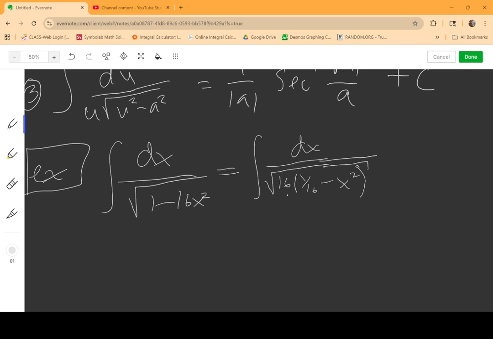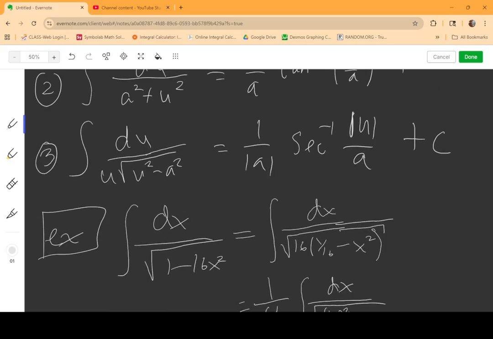I could split up the product, so I get 1 over root 16, but that's just 4. And I'm going to rewrite this as 1/4 squared minus x squared, to kind of emphasize the pattern that I have going on here.